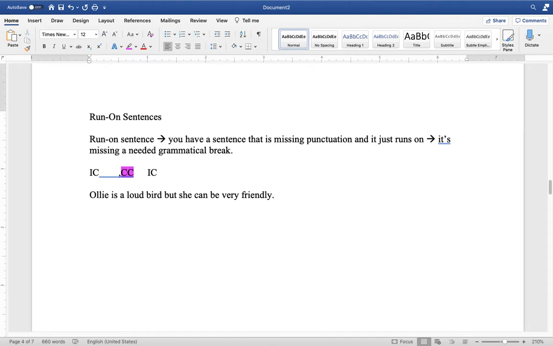All right, that's my example, and then I'll write a version of it, because you see this version in the textbook as well. So these are both examples of run-ons.